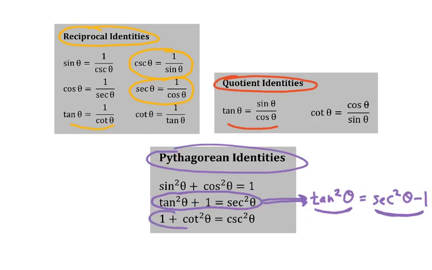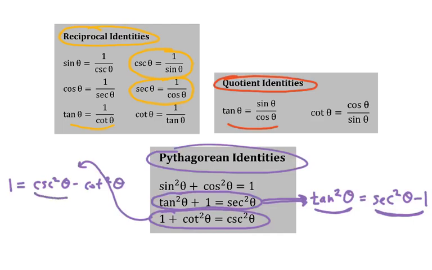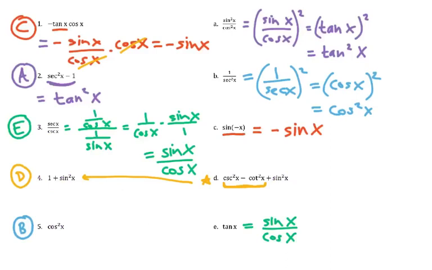So if I look at this third Pythagorean identity, I notice that if I were to subtract cotangent squared from both sides, we would arrive at 1 is equal to cosecant squared minus cotangent squared. That means that anytime I see cosecant squared minus cotangent squared, I can replace it by 1. Cosecant squared minus cotangent squared is exactly what we have here on D. Therefore, that whole piece can be replaced by 1. We'll just drop down the adding sine squared of x term that we already saw. And now 4 and D are a match.